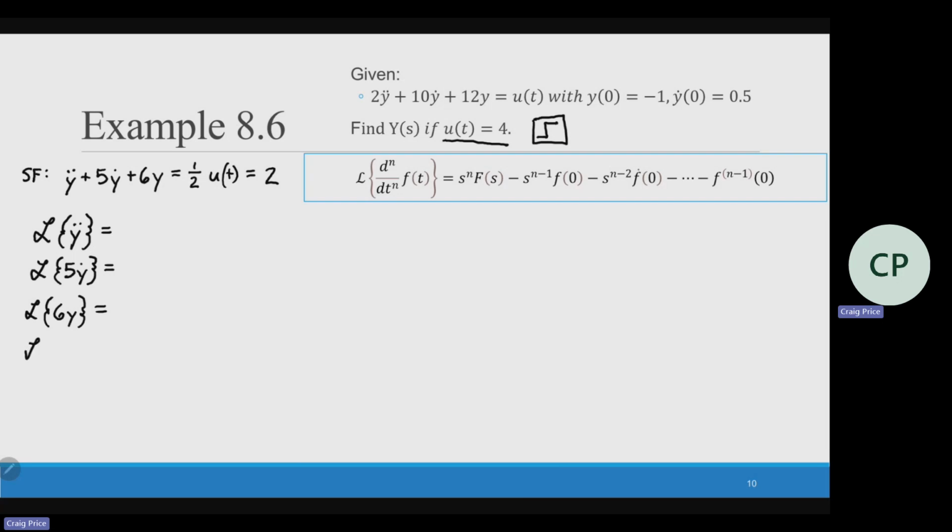And we've got to do the right-hand side as well: the Laplace transform of 2. I like to space these out row to row because there's a lot of similarities as we go forward.